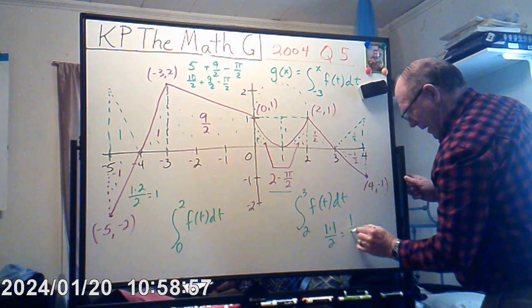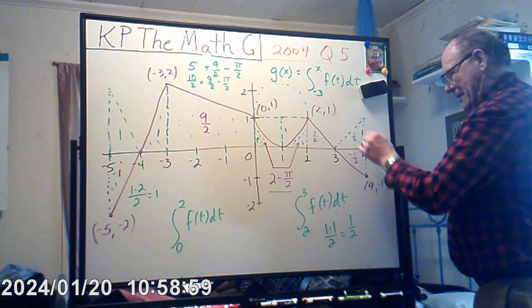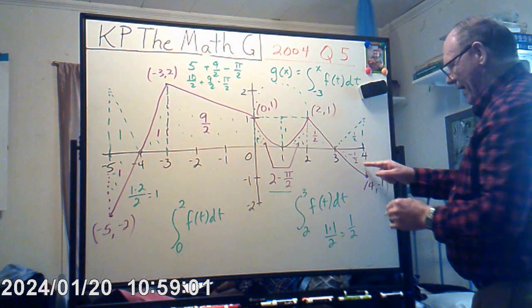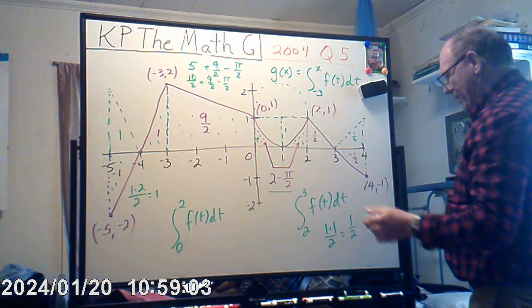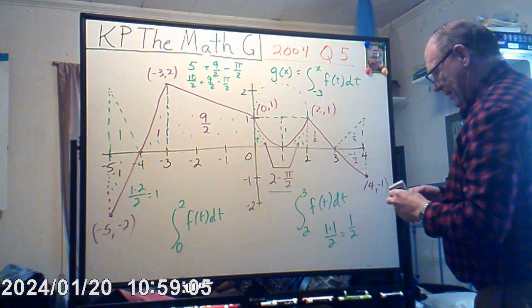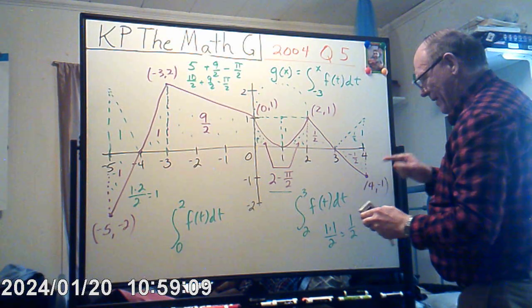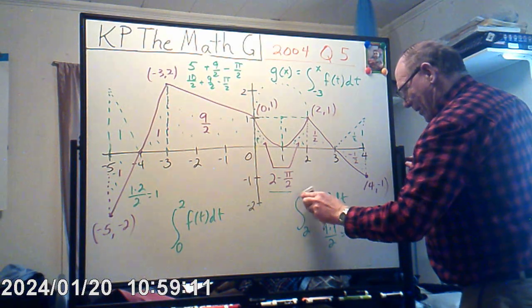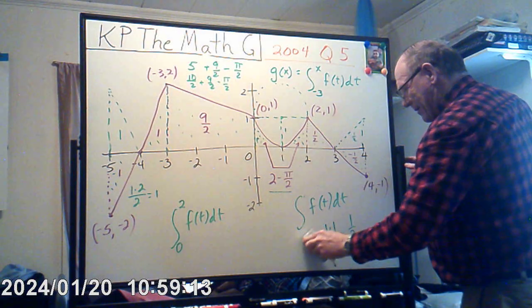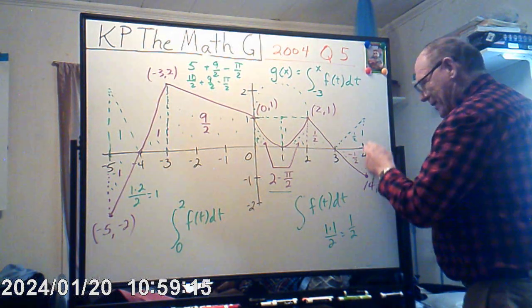So that's 1/2. And then, of course, this is the same thing, but it's negative 1/2. And that's negative because it is below the x-axis. Going from 3 to 4, that is below the x-axis.